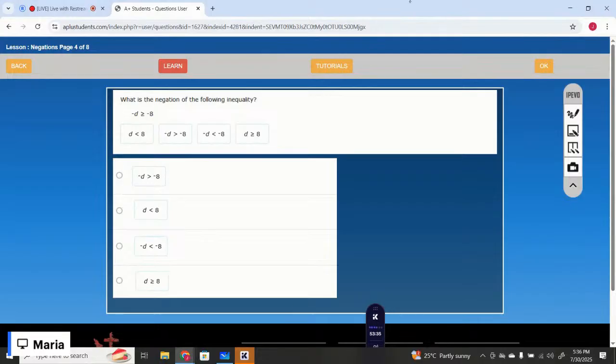What is the negation of the following inequality?